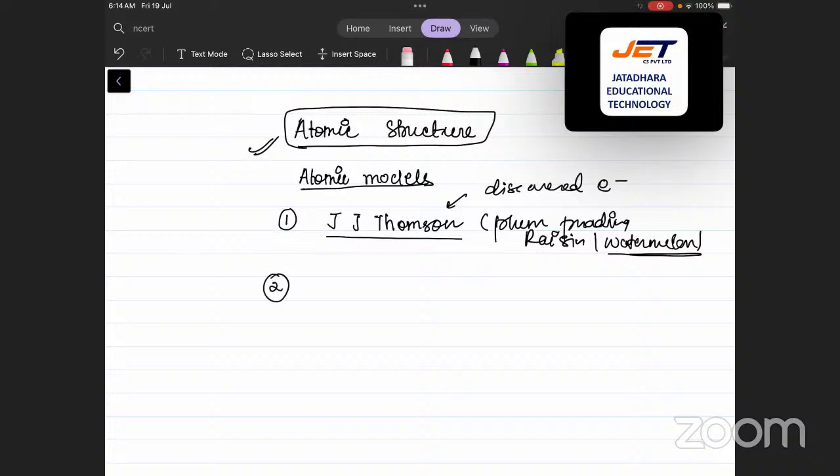Now his student, Rutherford, gave the other model of atom, which was known as the Rutherford model of atom.